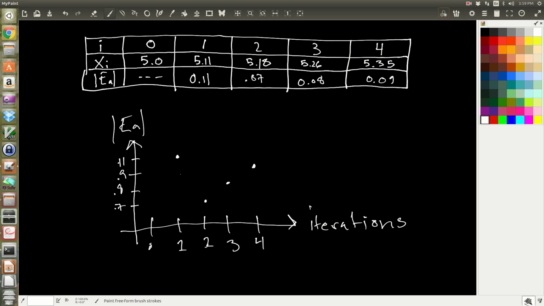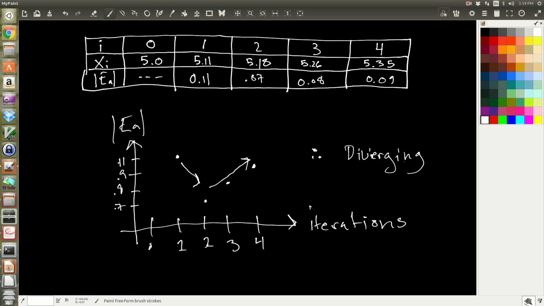This obviously isn't a very good plot, but you get the general idea. So the error initially goes down, but then it goes steadily upward for several iterations. And so just by looking at this, my judgment call would be that this is diverging.